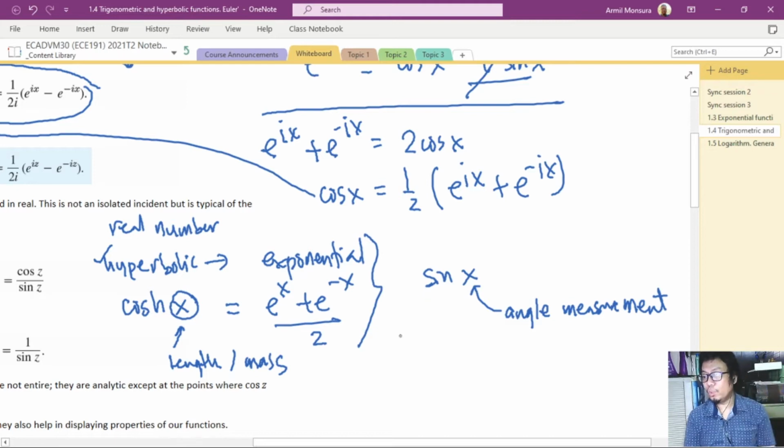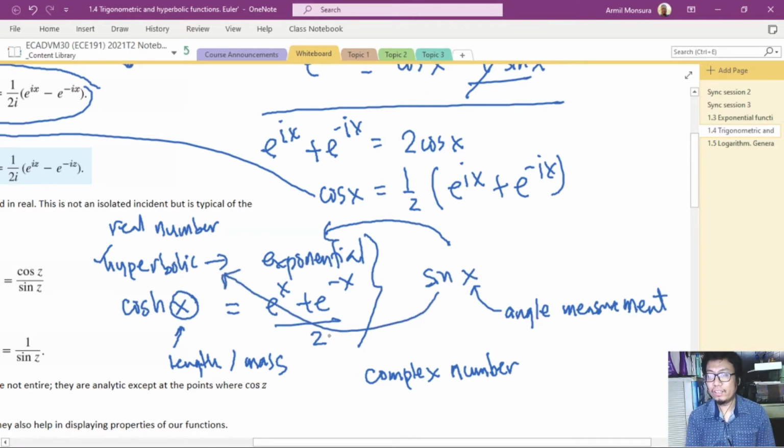But when you consider these three functions in the complex number domain, there is now a bridge that would connect the sine function to the exponential function, and later on to the hyperbolic function.